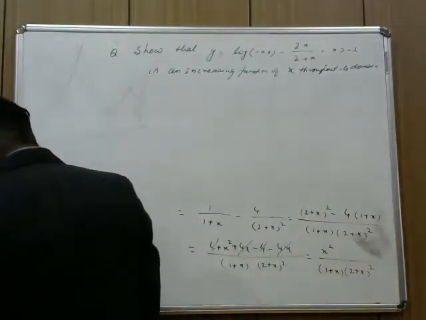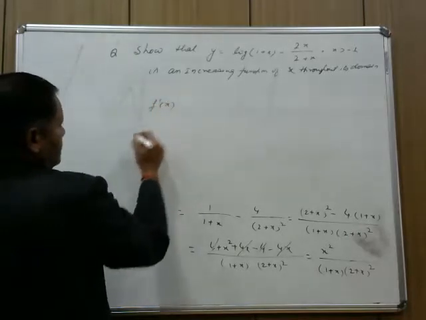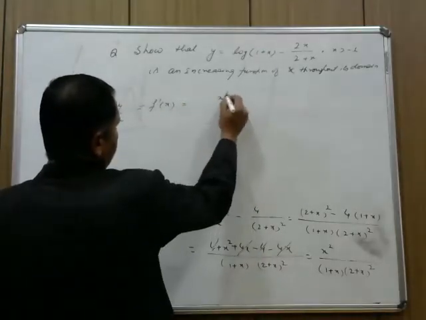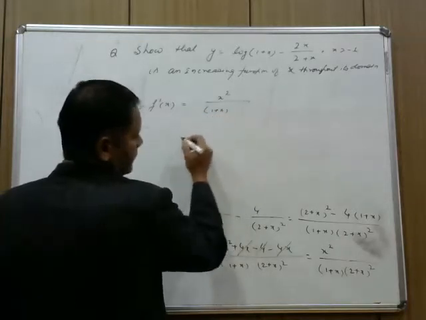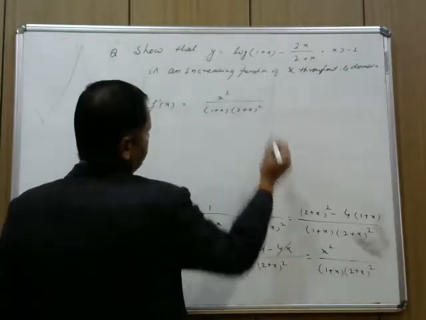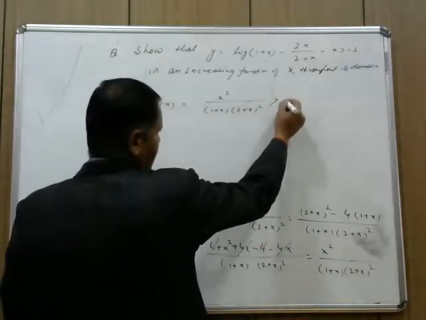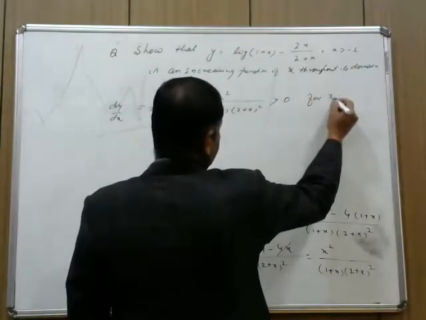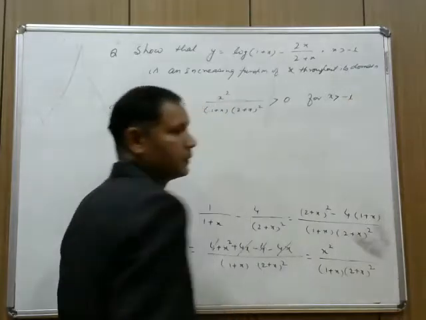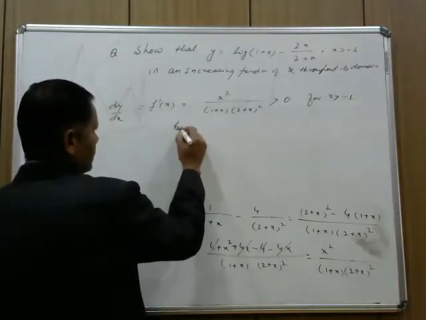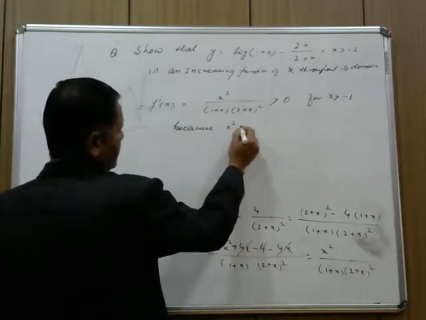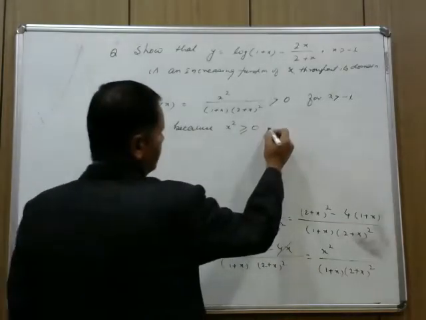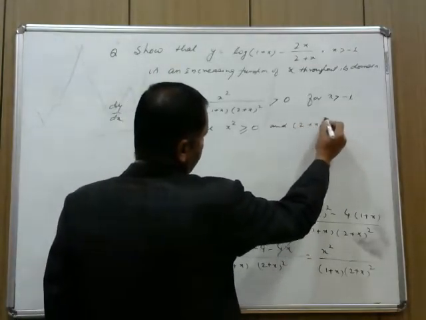Now what we have got is f dash of x, that is dy/dx, equal to x square by (1 + x)(2 + x) whole square, and this is greater than 0 for x greater than -1, because x square is greater than or equal to 0, and (2 + x) whole square is also greater than or equal to 0.